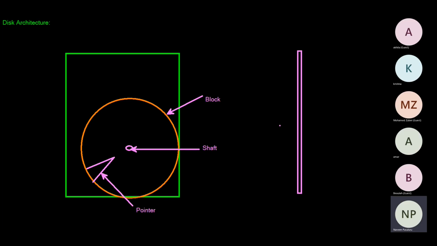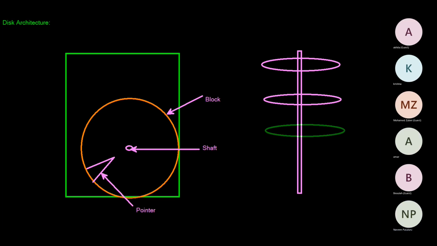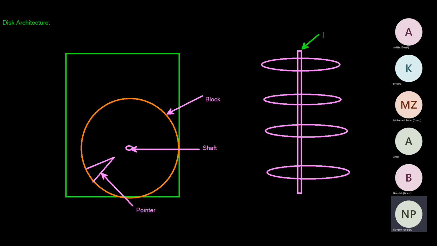Let's assume this is a shaft. As I told you, we'll have circular components around the shaft. I'm just drawing another diagram which will show you the side view. This is a shaft again. This is not that important, but I just want to discuss it here.